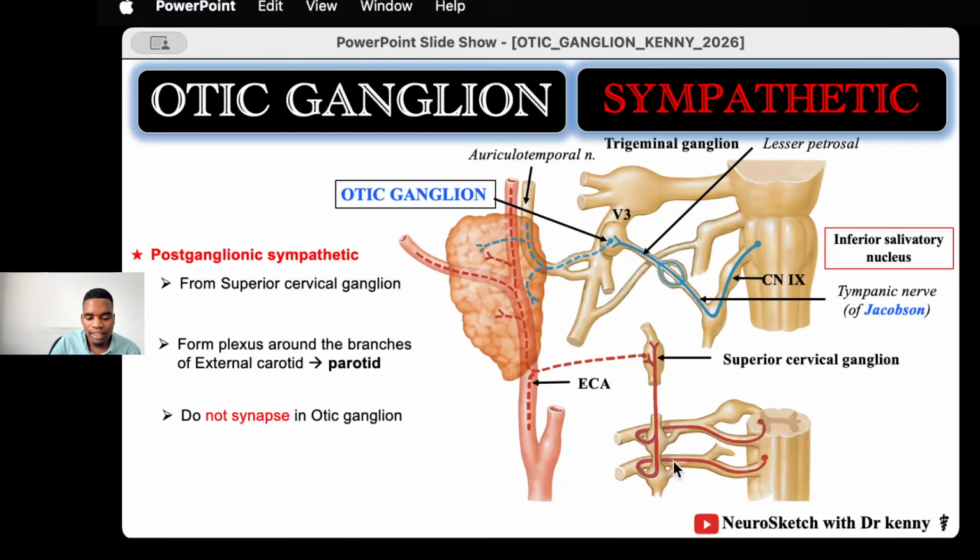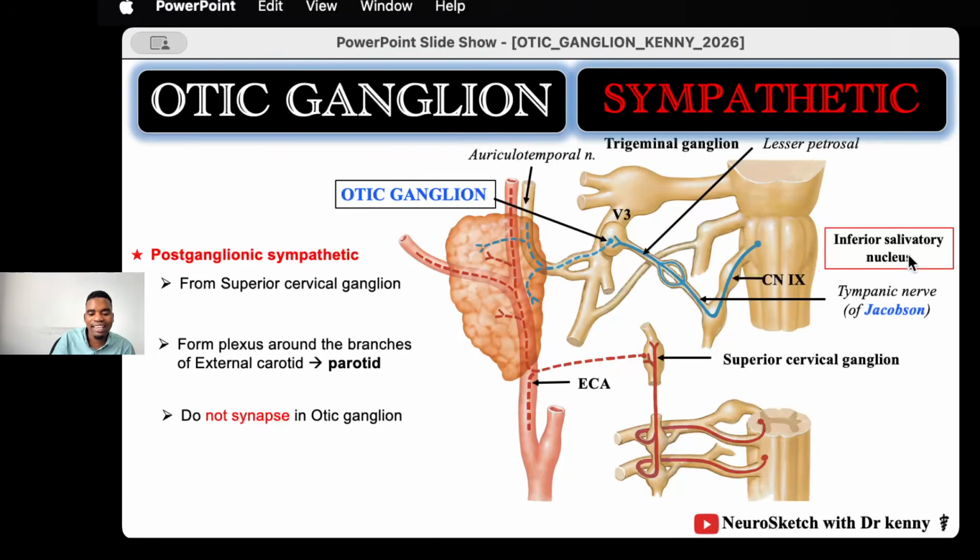So all the sympathetic fibers that are coming to the head are coming from the superior cervical ganglion. And because this is a ganglion, these fibers coming from the superior cervical ganglion have already synapsed, and so they are postganglionic sympathetic fibers. So we do not have preganglionic sympathetic fibers coming to the Otic ganglion.